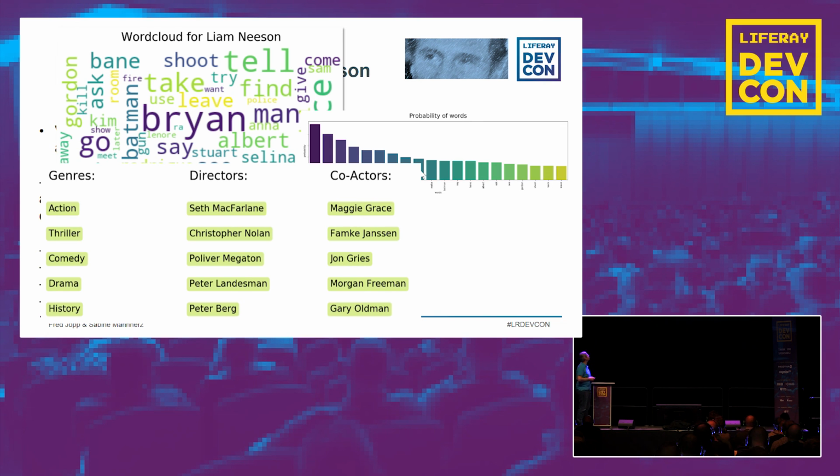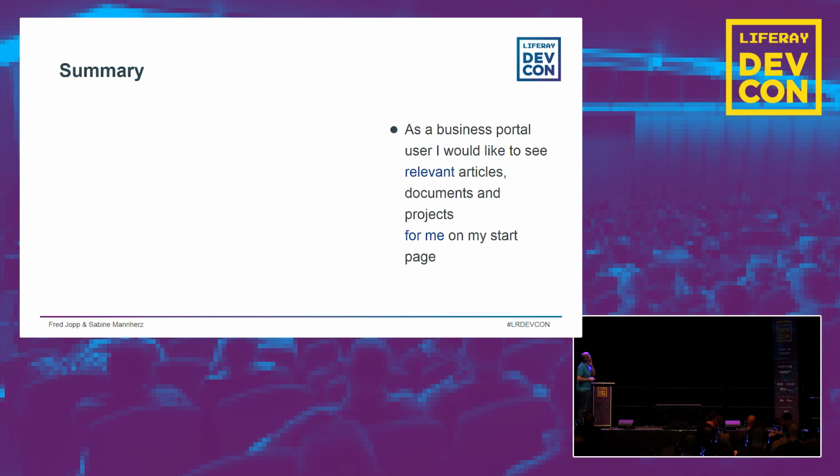So to sum up, the idea was: as a business portal user who is logged in, I would like to see relevant articles, documents, and projects for me on my personal homepage, on the basis of text mining, text NLP, and text-based algorithms. And I come up with recommendations that I can present in a way like I did.